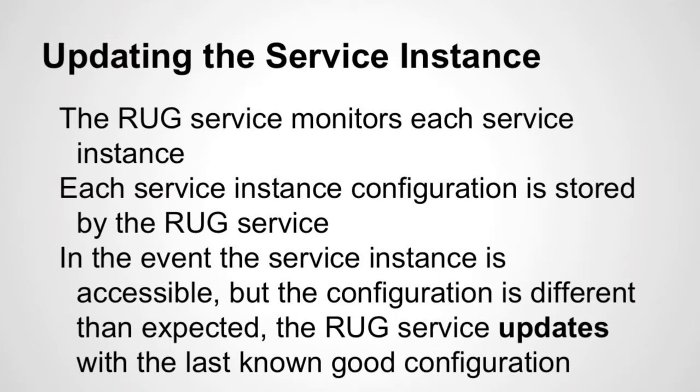Each service instance configuration is stored in the RUG service. All that state information is in the database as well. So in the event that the service instance becomes inaccessible or the configuration becomes different, the RUG service will go in and update that service instance with the correct information, with its last known good configuration.